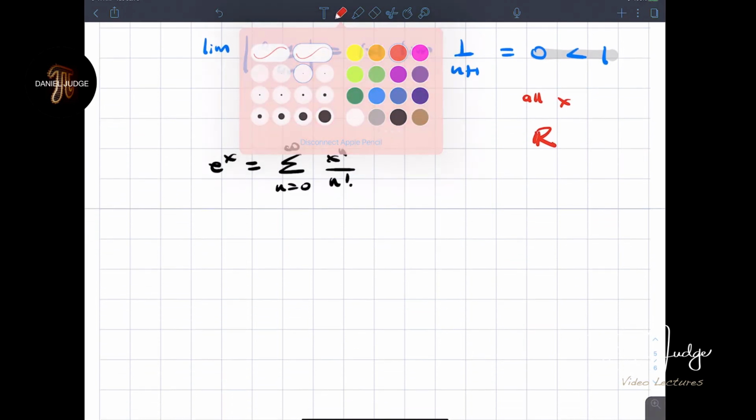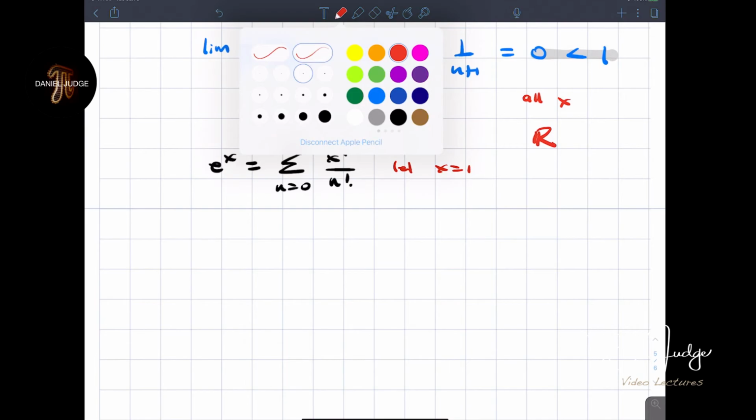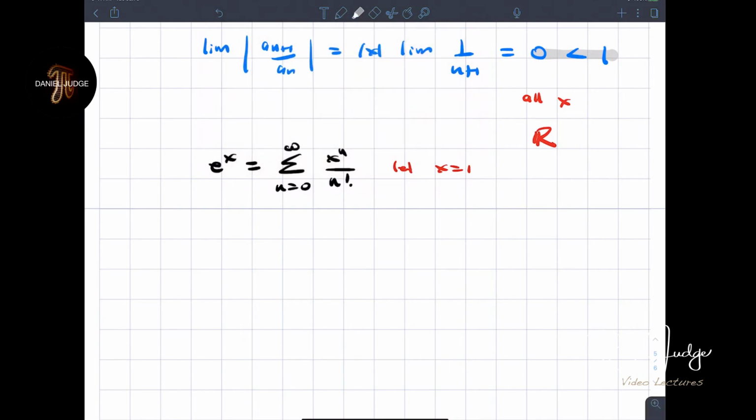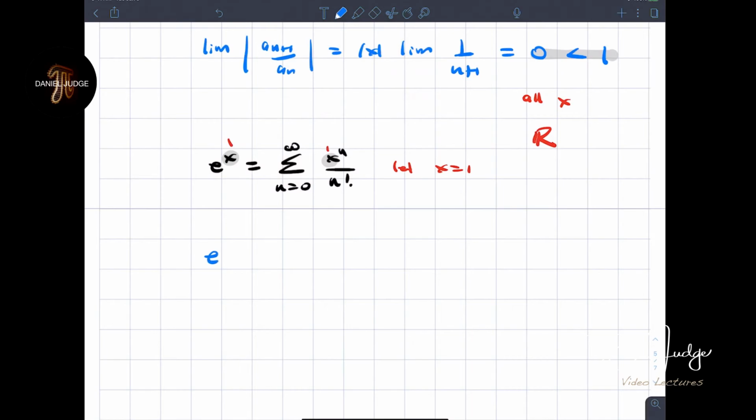If we allow x to be 0 here, or I'm sorry, not 0, that's trivial. We're going to let x be 1. So wherever there's an x, we're going to replace that with a 1. Here's an x, here's an x. So we put a 1 here, we put a 1, and sure enough, you're going to get e to be the sum n is 0 to infinity of 1 over n factorial.